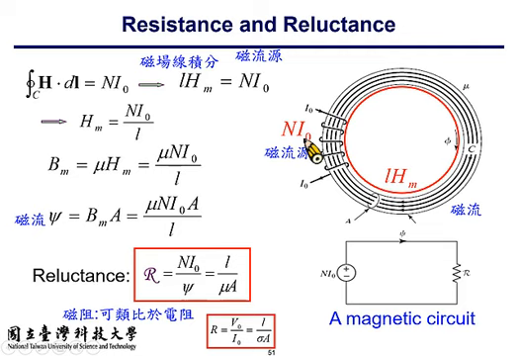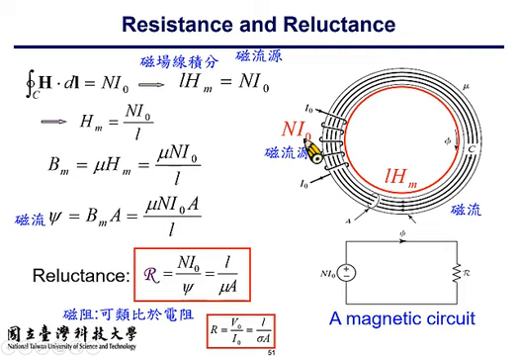So we begin with Ampere's circuital law. The line integral of the magnetic field should be the same as N times I sub 0, which you can recognize, Ni is similar to V, similar to voltage. And the thing that goes within the magnetic circuit is the magnetic field, all right?